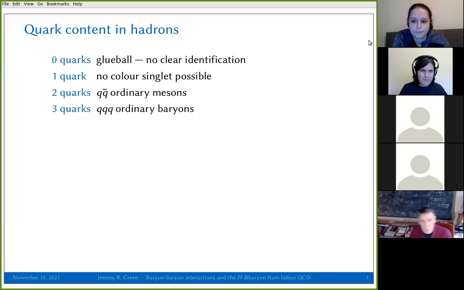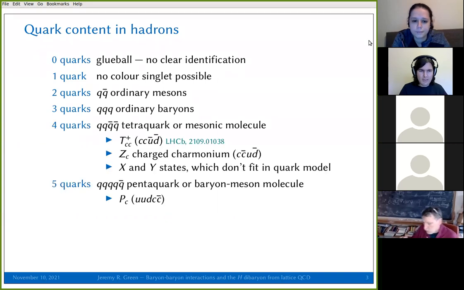And in the last few years, we've had a lot of evidence for more interesting exotic particles. We've had tetraquarks, and there's a debate about what these particles actually are, whether conceptually a compact object, like a quark model state with four quarks or two quarks and two antiquarks, or more like a molecule or nucleus where you have two mesons that are loosely bound.